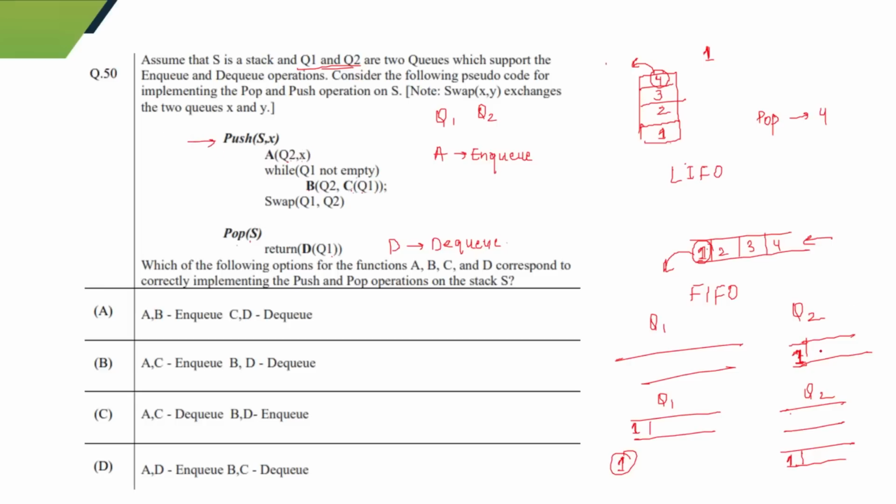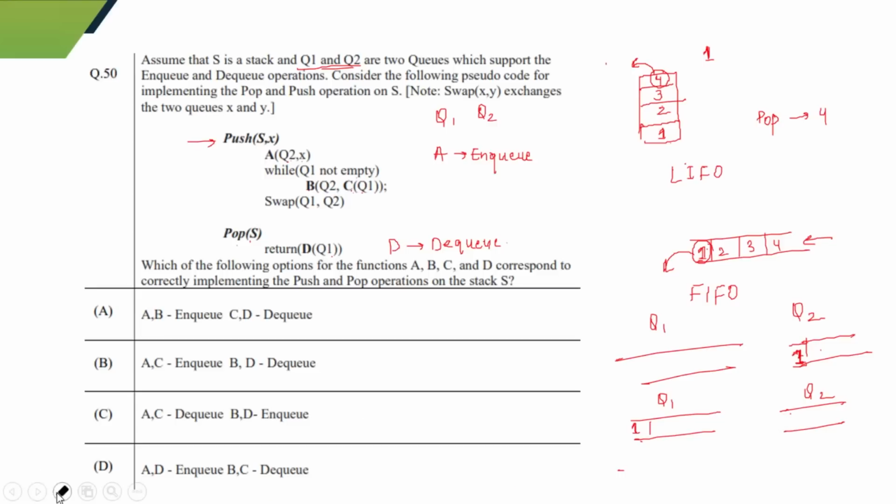Let's say first of all I have added one element to Q2, and then I have interchanged. I got one in Q1, and there is no element in Q2. So this is one step.